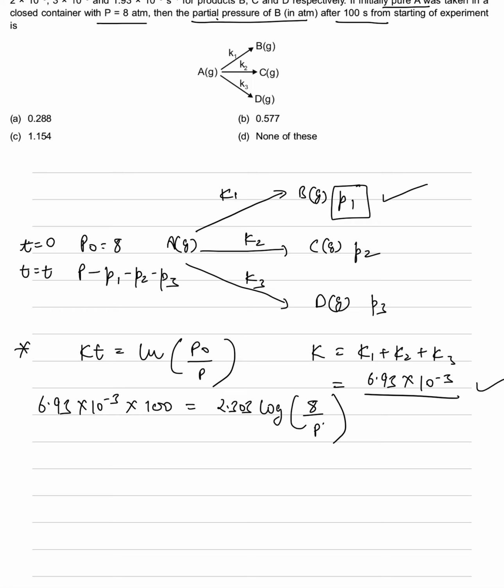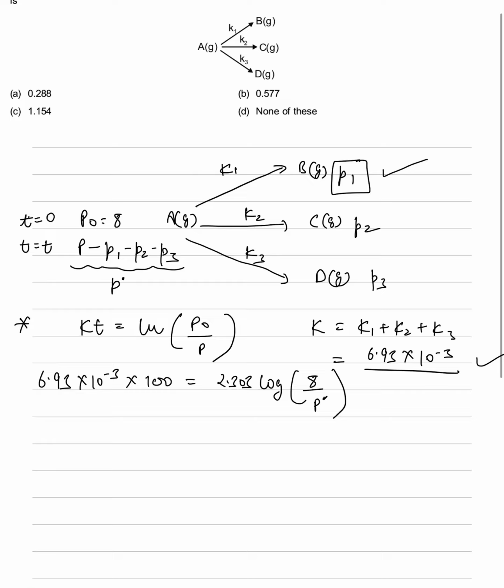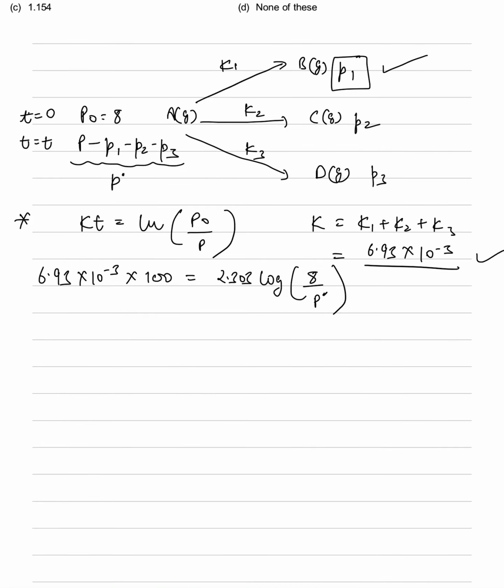Let's say this is P dash. P dash is the pressure of A at any time t, right? Now if you do the calculation, we cut it like this and we have 3 here. So this is 0.3 equal to log of 8 upon P dash.